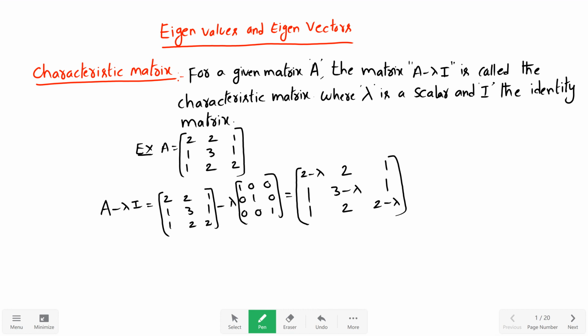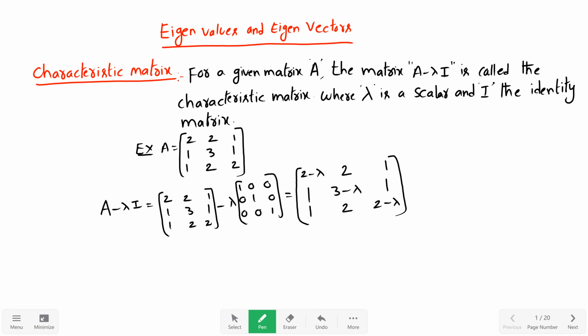A minus lambda I equals the matrix A, which is 2, 2, 1, 1, 3, 1, 1, 2, 2, minus lambda times I, where I is the identity matrix in 3 by 3: 1, 0, 0, 0, 1, 0, 0, 0, 1. That equals 2 minus lambda, 2 minus 0, 1 minus 0.